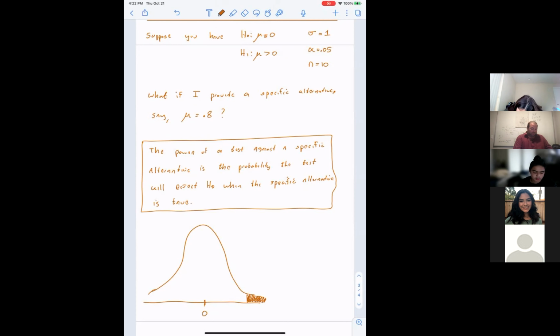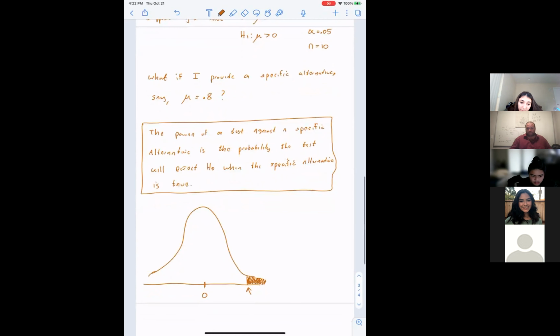Well, what z-score has me 5% to the right? What's the value of that z-score? 1.645.